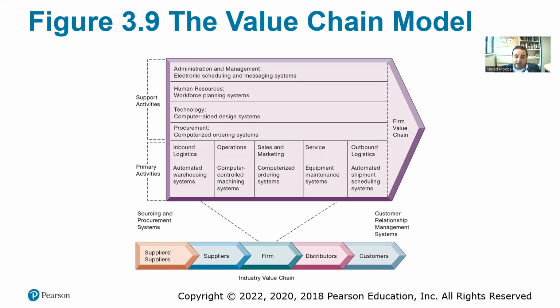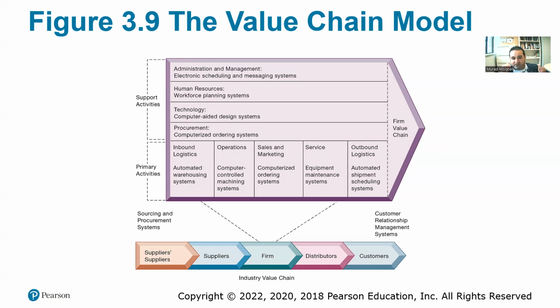So another thing that we want to focus on is the value chain model. From its name, there is added value, and it is a chain. It starts from raw materials and keeps going all the way to the end user or the customer. In the value chain, we have primary activities and support activities.